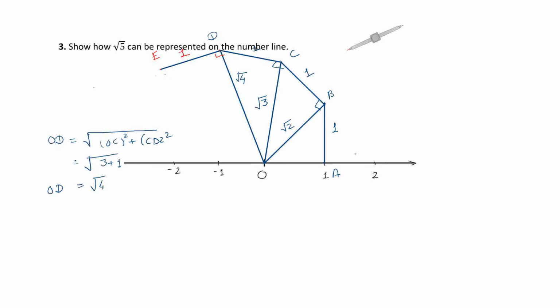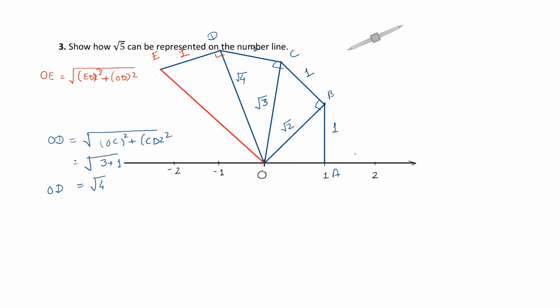Now we get this line OE, and we will find its length with the help of Pythagoras theorem. The length of OE is equal to the square root of ED square plus OD square.